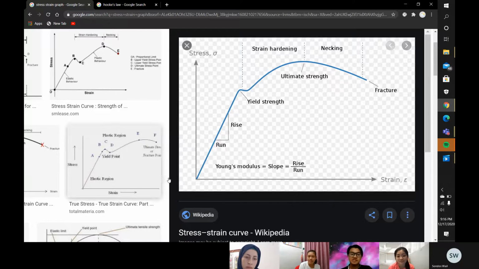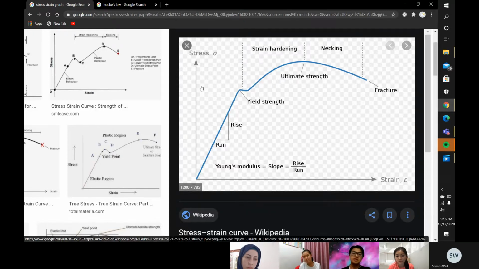So Young's modulus is basically the slope, the rise over run. Run is strain, rise is stress. So the plastic region. Here is the plastic region.